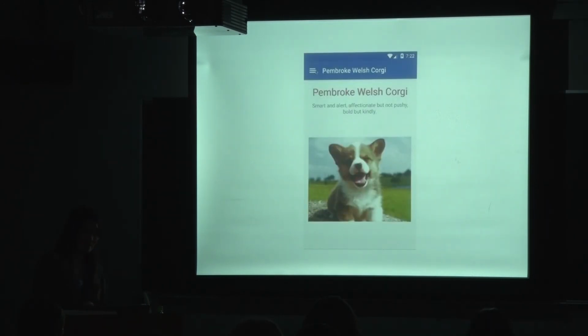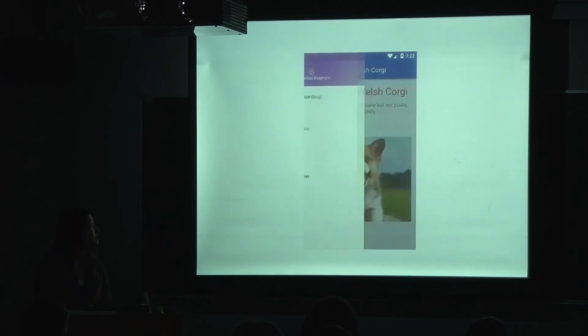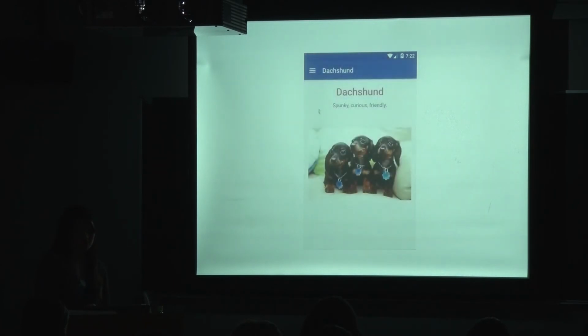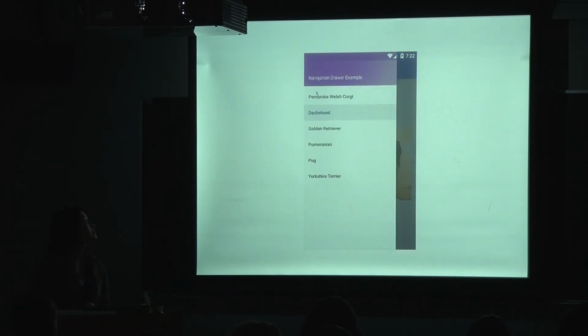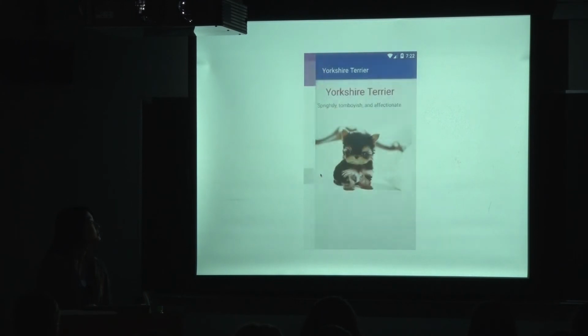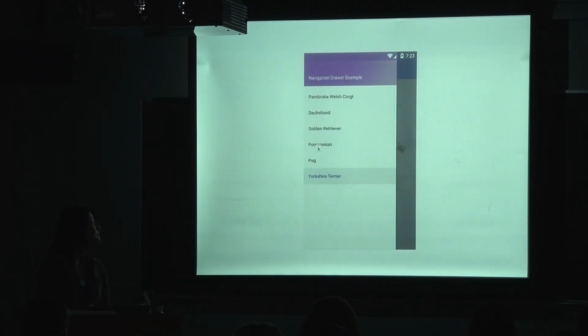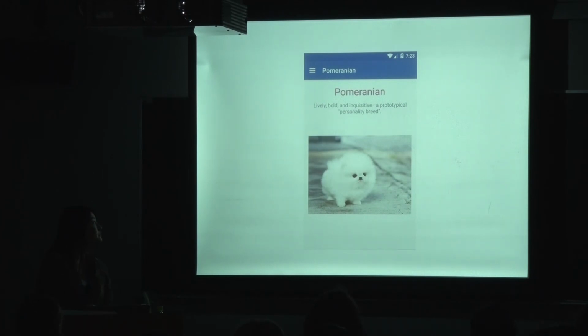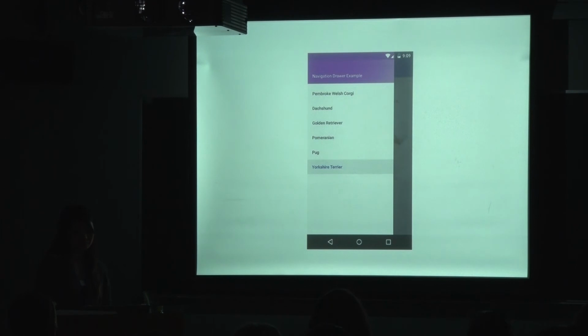So here's an example of a material design navigation drawer, and I'm not going to go into a lot of detail on the implementation of this.